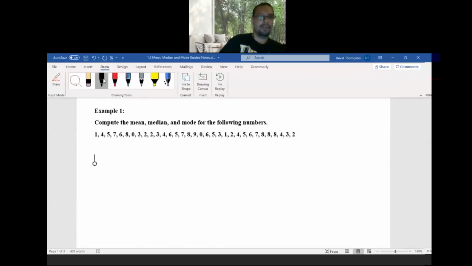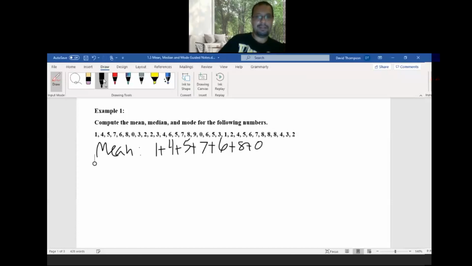So that'll be 1 plus 4 plus 5 plus 7 plus 6 plus 8 plus 0 plus 3, etc. And we can see that there are 33 numbers. So we're going to use a calculator and add all these numbers together.